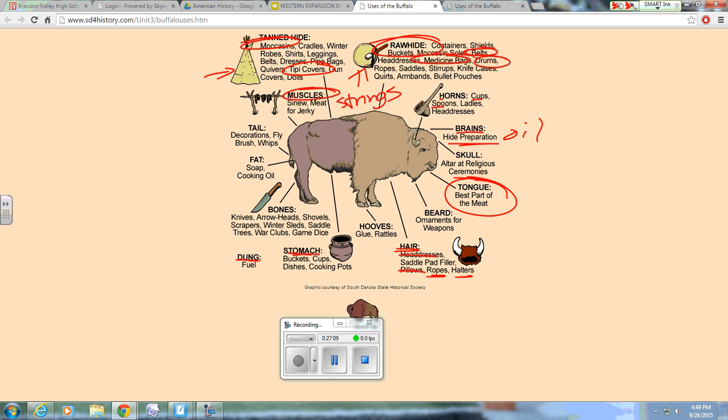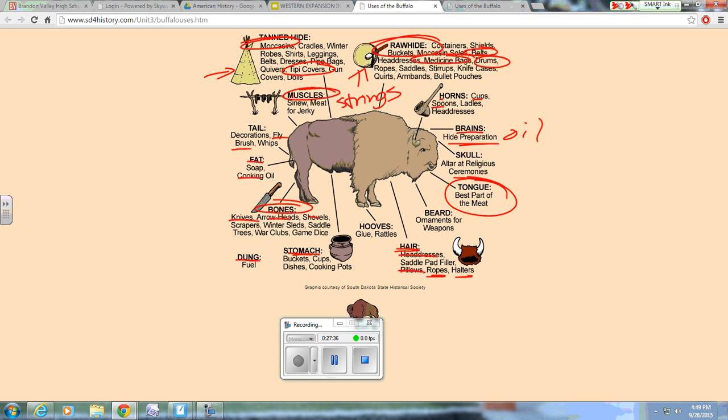They were also used for fertilizer with food and farming. That was more so the whites, but some Indians also used that. The bones were used for knives, arrowheads, shovels, anything tough. The fat was used for soap or cooking oil. Even the tail was used for like a fly brush or whips, things like that.